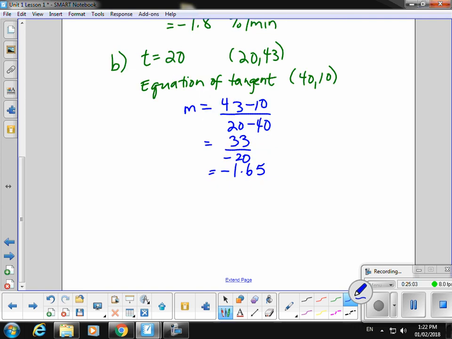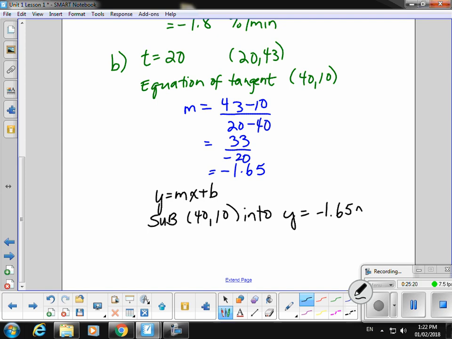So if I want the equation of the tangent line, I want to substitute a point into y equals negative 1.65x plus b. 10.